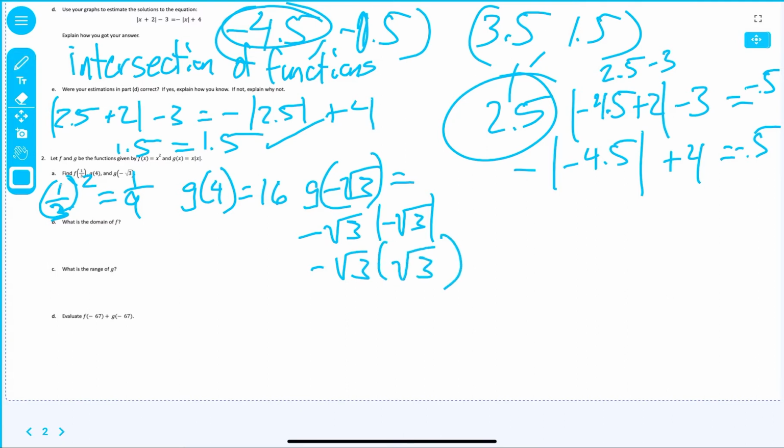What's the square root of 3 times the square root of 3? It's 3. A square root times a square root is the square root of 3 squared. The square root and the square cancel each other out. It leaves you with a negative 3.